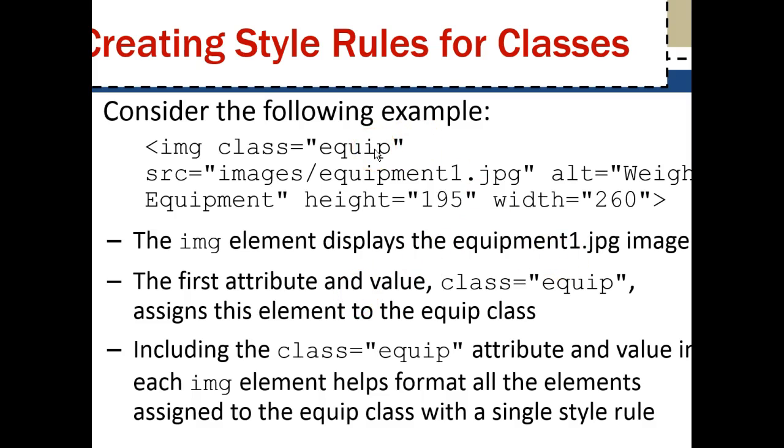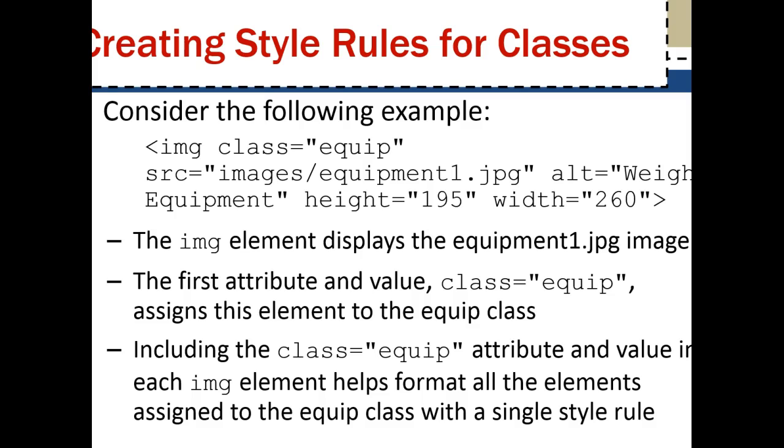In the equip class, we can display equip2.jpg, equip3.jpg, and all that. They could also be included in the class equip, because remember, all of these are pictures, so they can belong to one class and they all have the same properties.